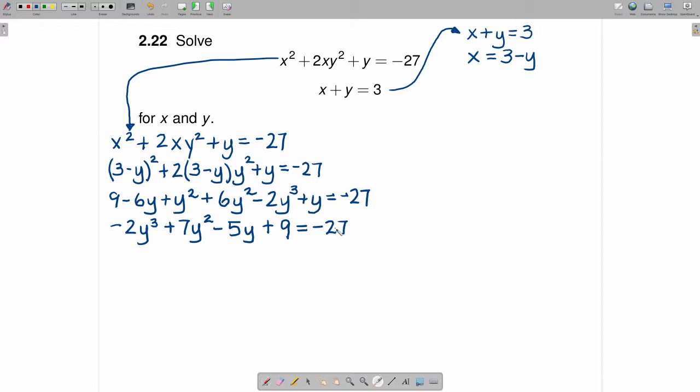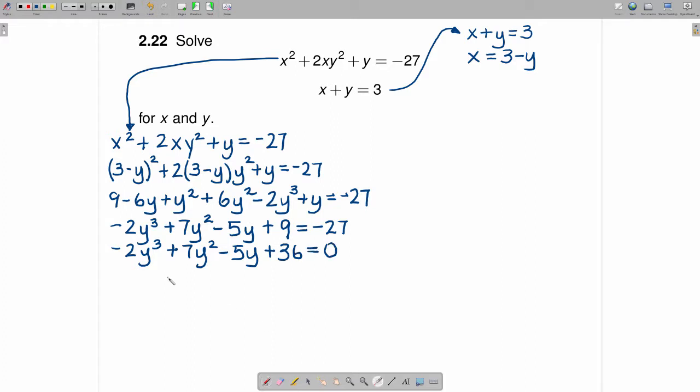Now the next step is going to be adding 27 to both sides, and when you do so, you just get this same expression. When you add 27 to the left-hand side, you get 36, and when you add 27 to the right-hand side, you get 0.